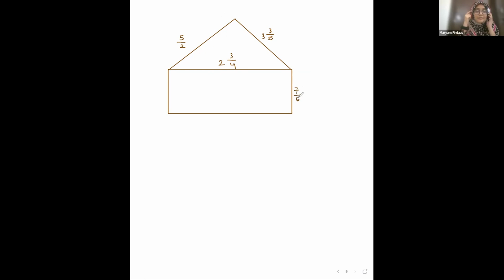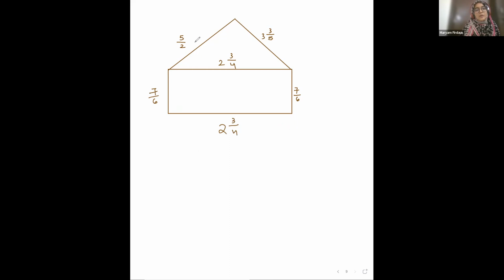Hiba, if this one is 7 by 6, then what is the opposite side equal to? 7 by 6. Very good. And what is this bottom side going to be equal to? This one? 2, 3 by 4. Very good.